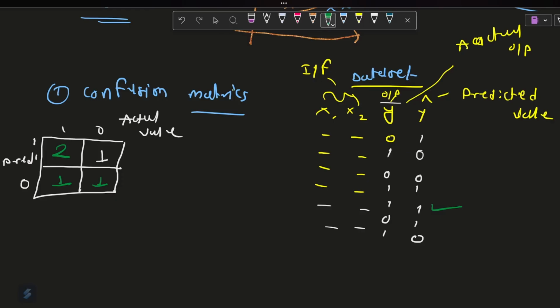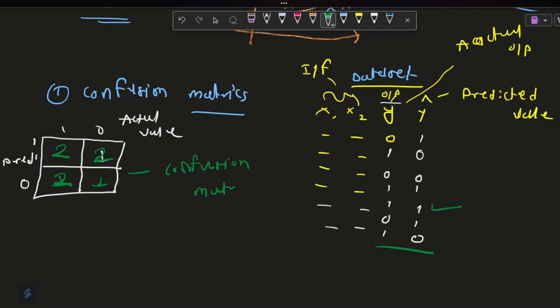Similarly, when going with 0, 1, the 0, 1 point comes here. Okay. So this is the value of 2. And finally, 1, 0 is the last point. So this is a confusion matrix.